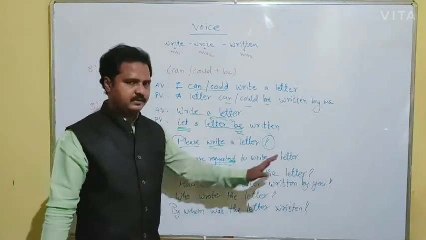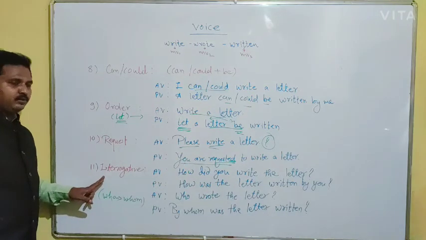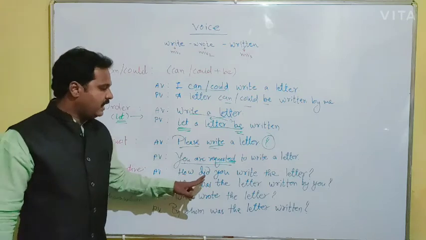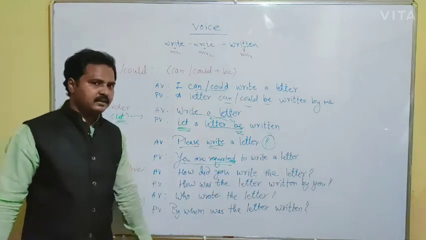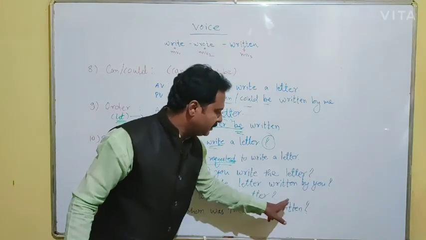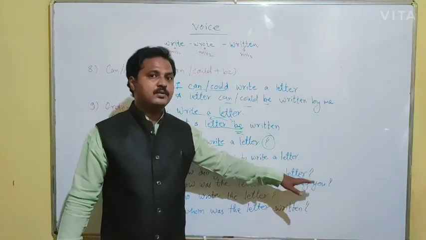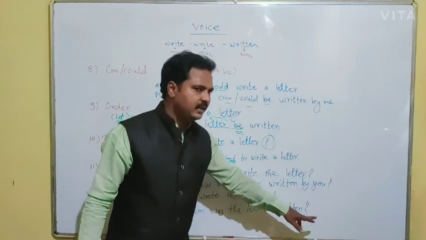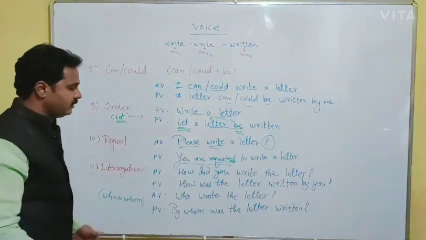Then interrogative type of sentences. Active voice: how did you write the letter? The form should be kept the same. Do not change it into a simple or declarative sentence. The question mark should be there. That is why interrogative stays interrogative itself.